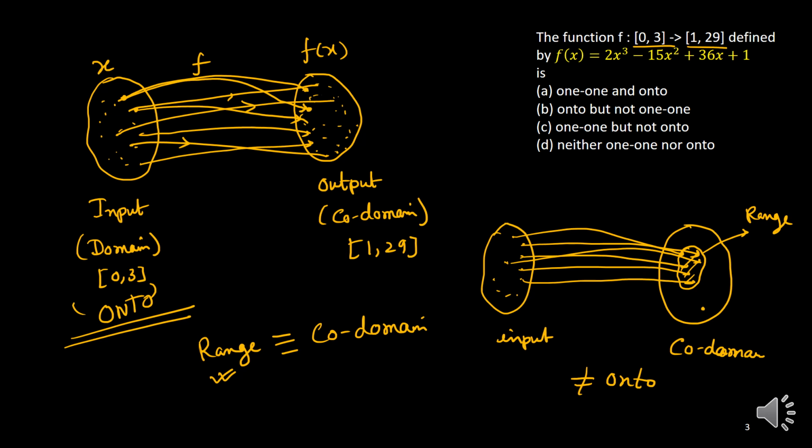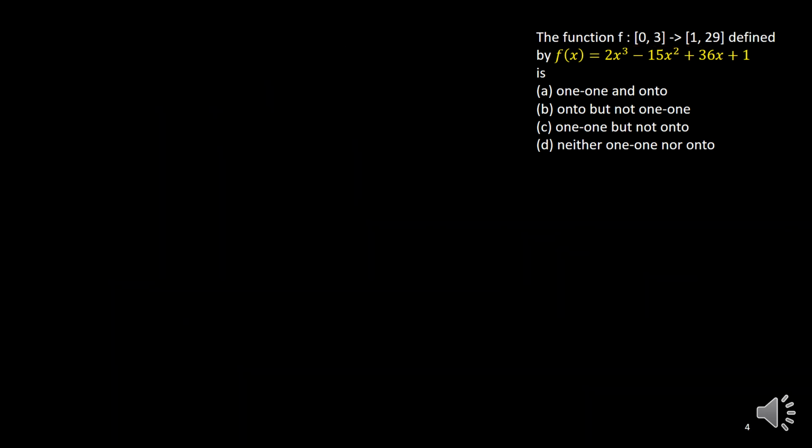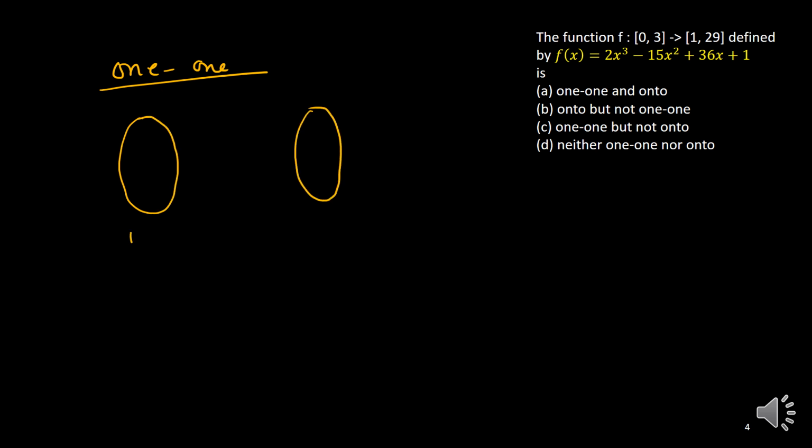Now let us understand what is 1 to 1. Next one is 1-1 mapping. In this case, this is the input space and this is the output space.